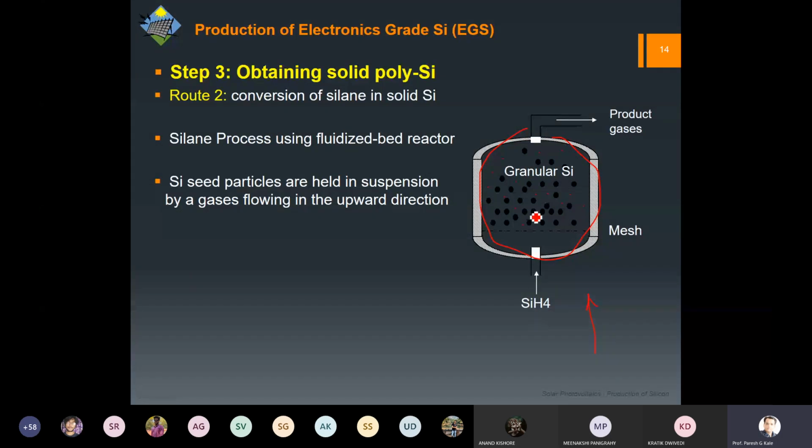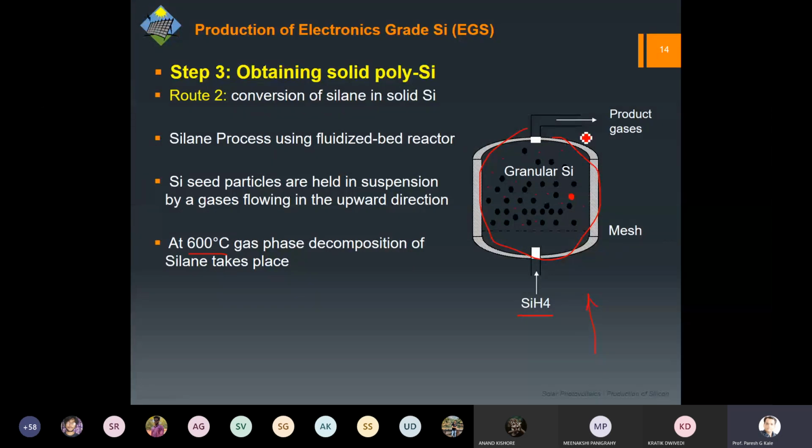Now, when the gas passes at very high temperature, about 600 degrees Celsius or so, the decomposition of this silane starts taking place. The concept of seed remains the same here. So on this seed, slowly the silicon will start depositing.